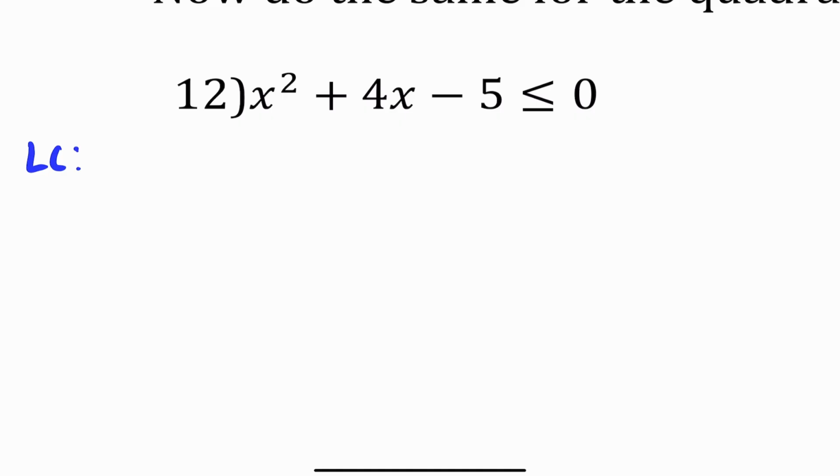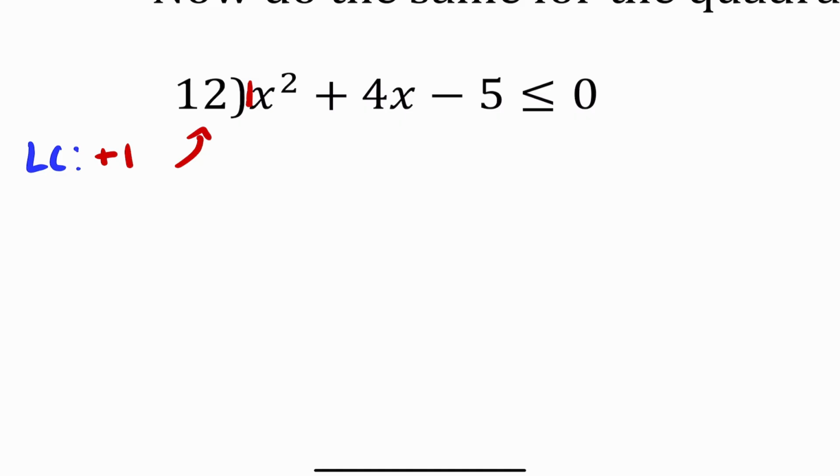Well, if I don't see a number, you always assume that there is a 1. That number is a positive 1, and that's what I'm going to write for the leading coefficient. That's positive 1.